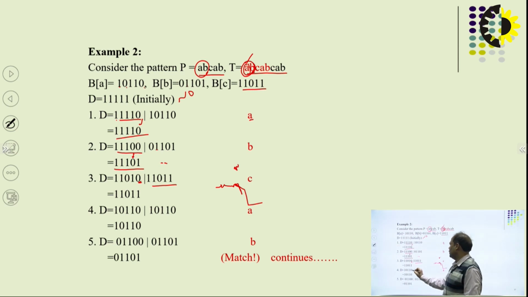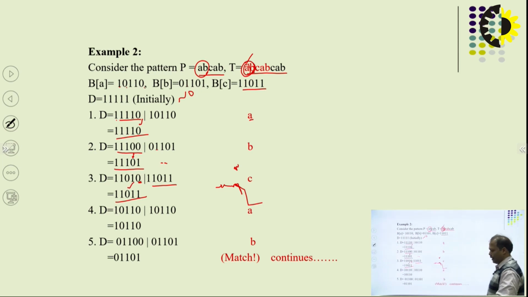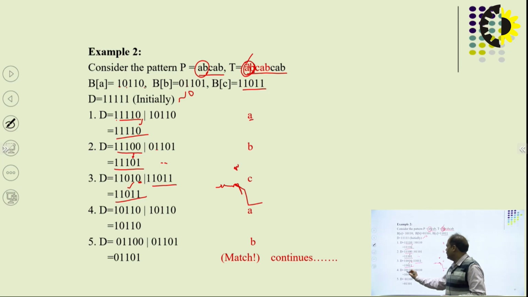So you see, here is the answer. That means we are done up to 3 characters, right? Yes. And then again D is 10110 and ORed with B of the next character, which is A, right? B of A, and this is 10110. This is your answer.